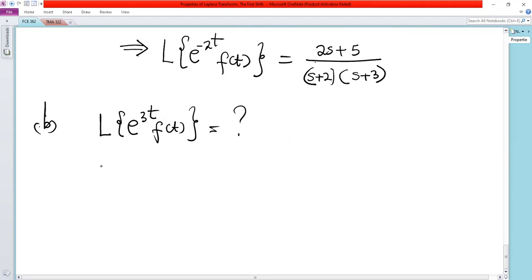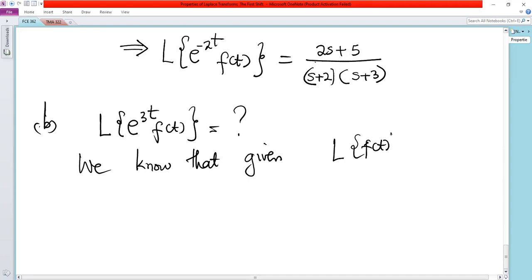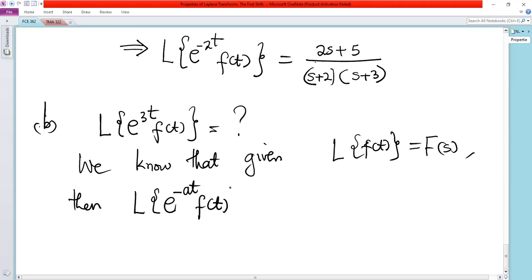Now, also, we know that given Laplace transform of f of t is given by capital F of s, then Laplace transform of e raised power minus at f of t is given by capital F of s plus a.